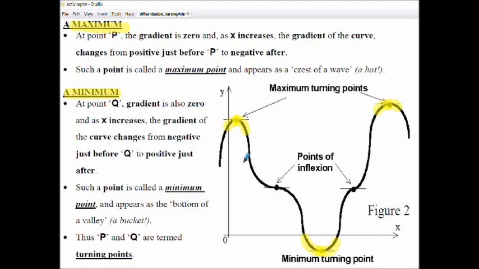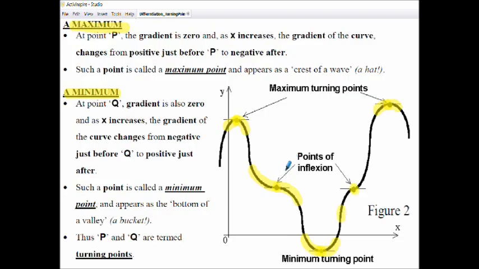We also have something called a point of inflection here and here. Now points of inflection are where, at this point of inflection here, you have gradients of negative sense decreasing to zero, but it's still a negative sense gradient afterwards that's increasing. So it doesn't go from negative to positive. In this case it's gone from a negative gradient to zero to a negative gradient afterwards. And with this point of inflection, we've got the opposite.